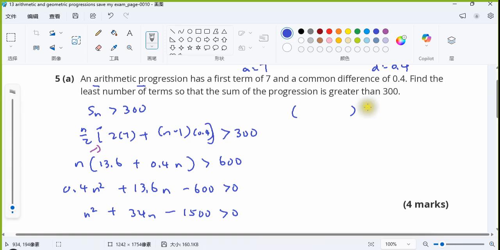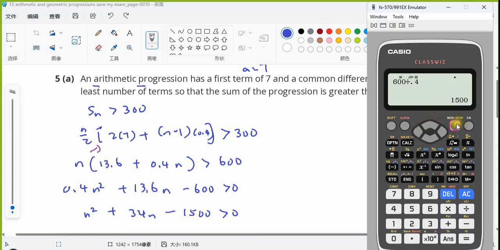We try the factorization here, but we cannot do factorization, so we use the calculator.